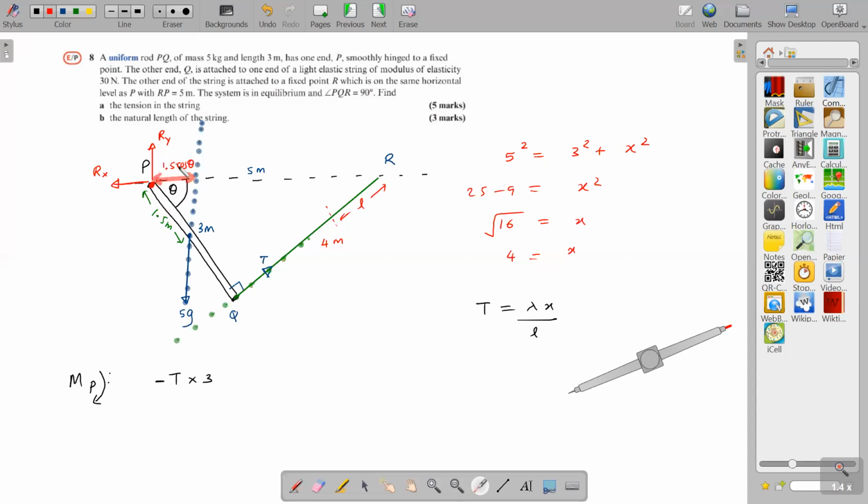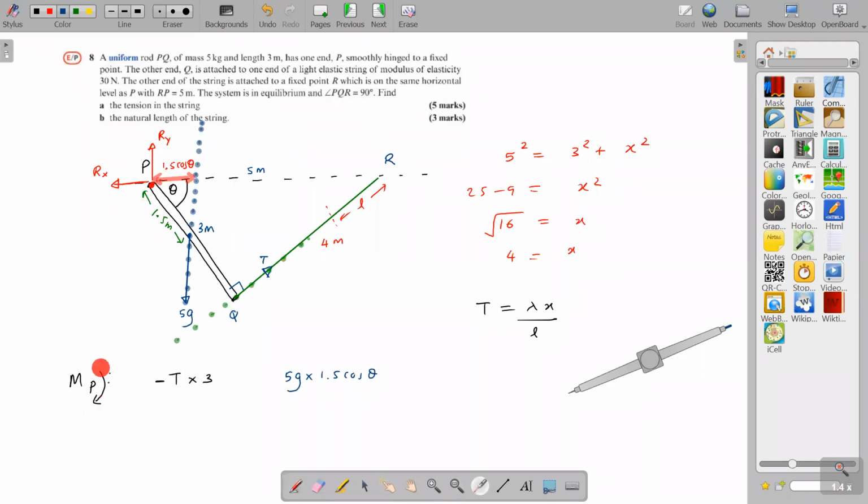Okay, so now I have the perpendicular distance between the force 5G and the point P. So the moment of the other force is 5G into 1.5 cos theta, the weight 5G into the distance. Now the question is, is this a positive moment or a negative moment?